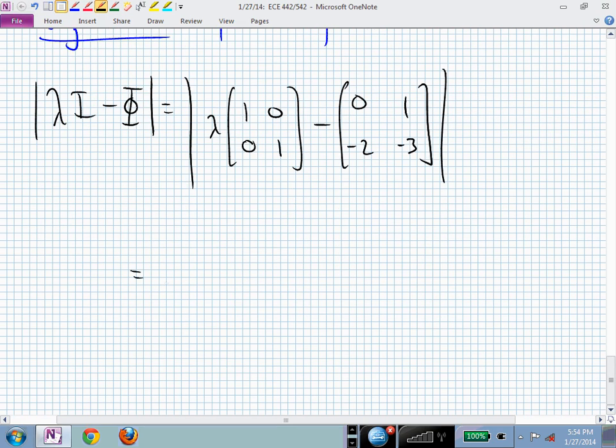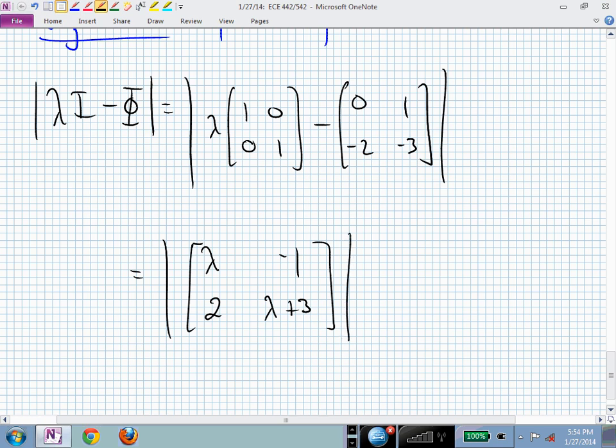We now have lambdas on the diagonal coming from that lambda I, and we subtract phi, so that we have a matrix with lambda and nothing in the 1, 1 entry. We subtract -1 in the 1, 2 entry. We have a subtraction of -2, or we get a 2. And then we have a lambda minus a -3.